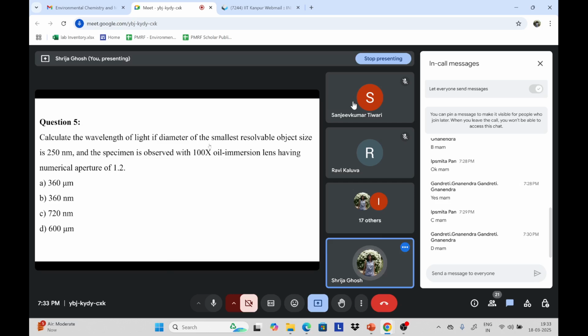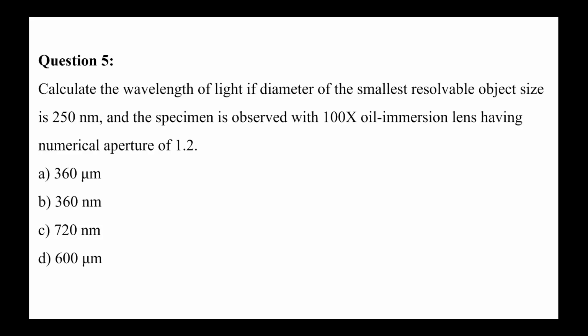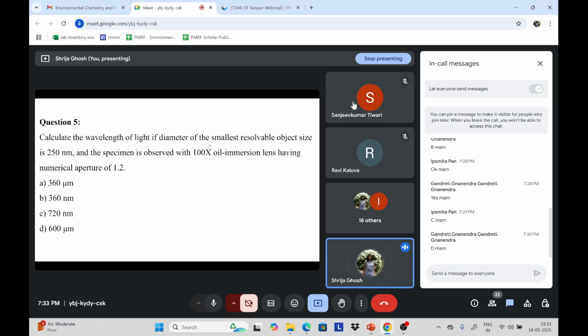You have to calculate the wavelength, the resolution is given, and the numerical aperture is given. Anybody knows the formula? What formula should we use? If you know the formula, apply the formula and calculate, or at least write the formula in the chat box.